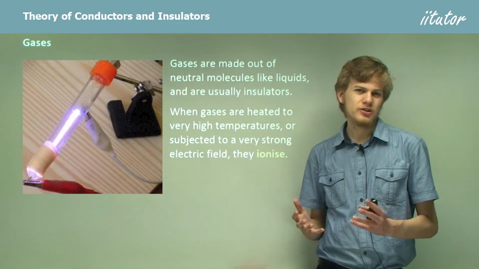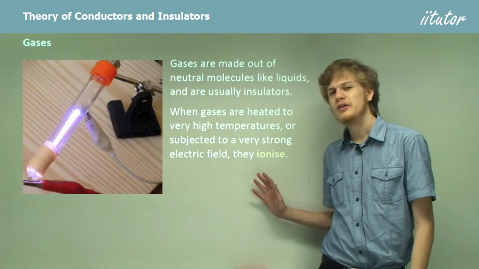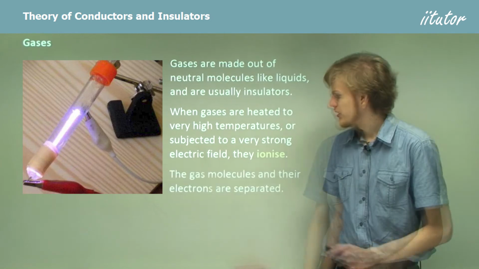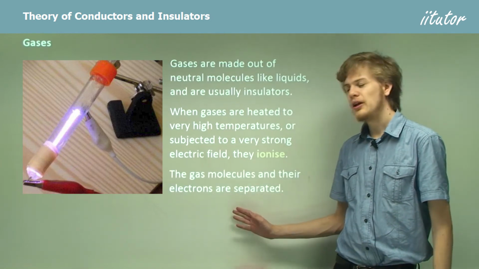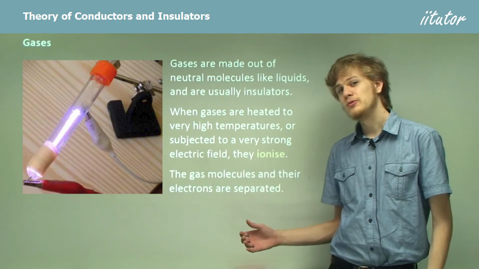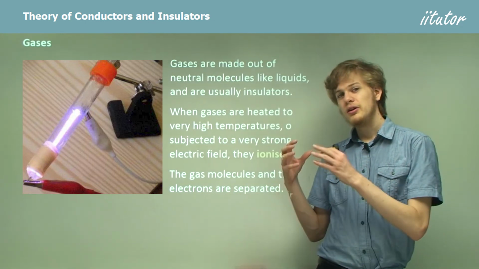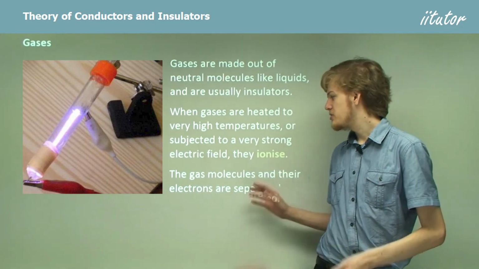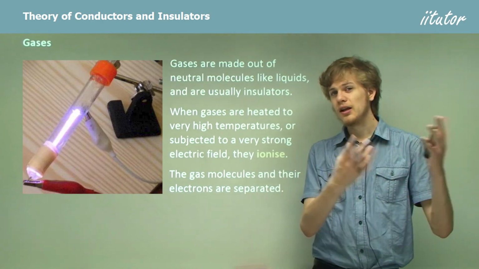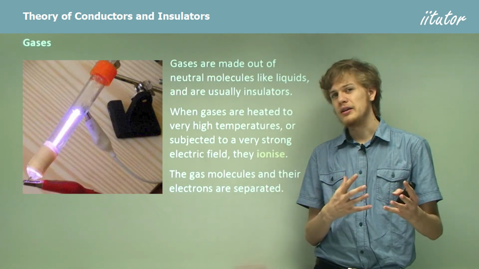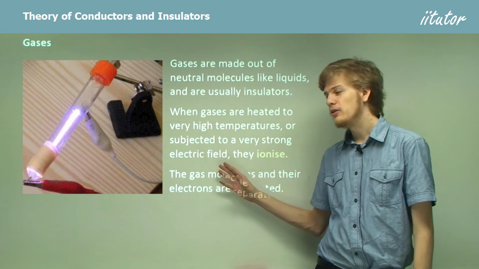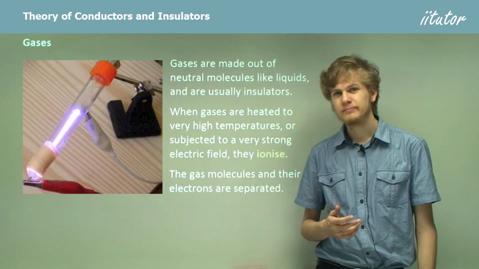So knowing what ions mean, what do you suppose ionizing is? Well, it means the gas molecules and their electrons are separated, right? So instead of being neutral gas molecules, they become charged gas molecules, that is ions, and electrons. They've been driven away by either the high electric field or the heat.